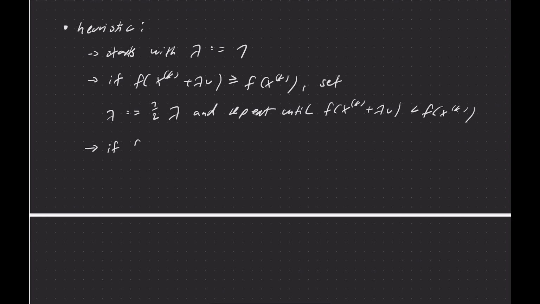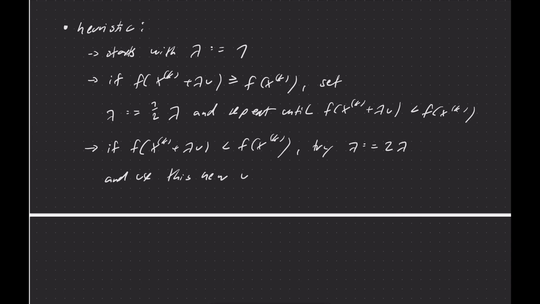So if f of xk plus lambda v is less than f of xk, then try to double the value of lambda and use this new value if there is still a decrease in function values.